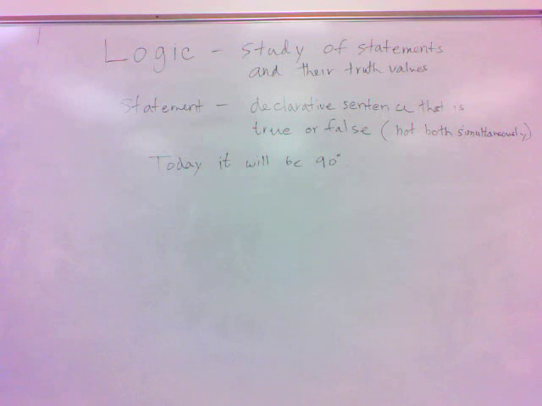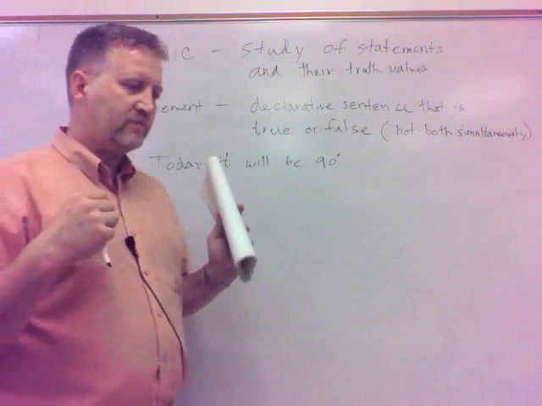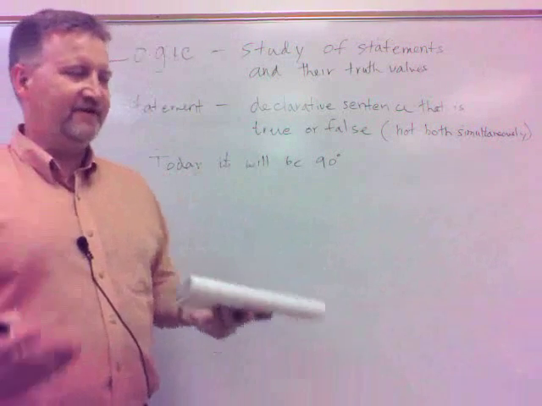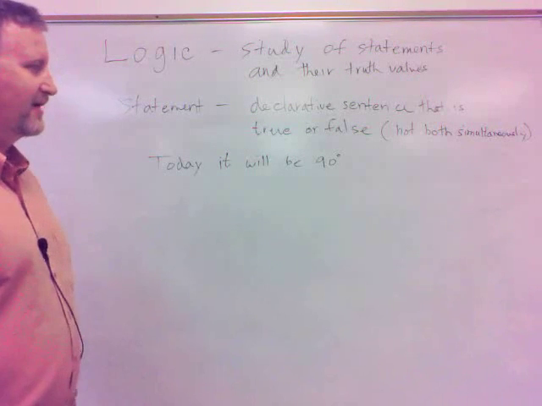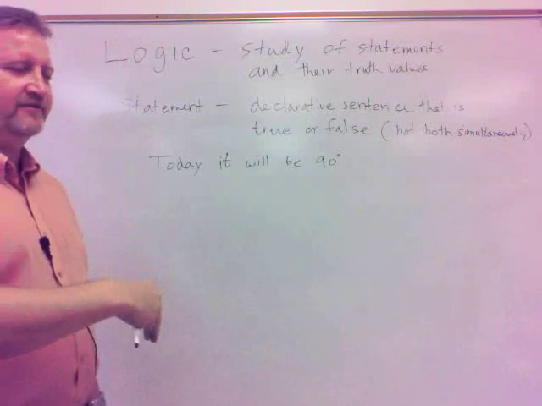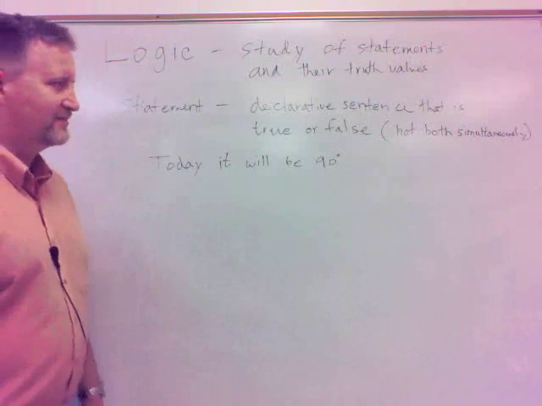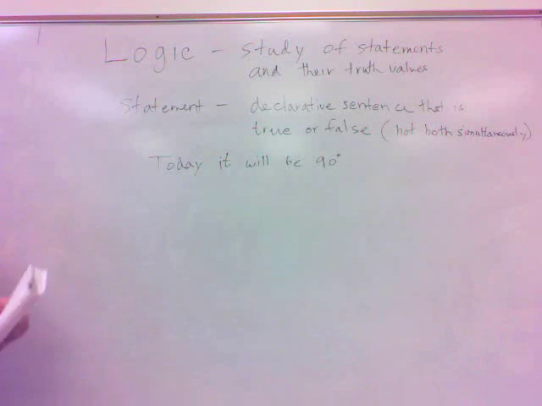We also want to avoid statements that are opinions, like the statement "Tiger is better than Jack." That depends on somebody's opinion. So we want to be factual about it. So that's what we're studying. That may sound easy, but there are some things that go along with it.